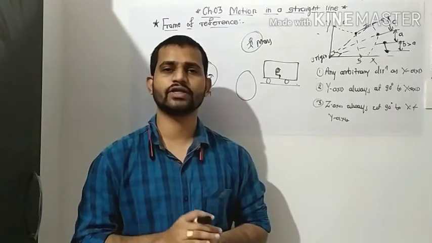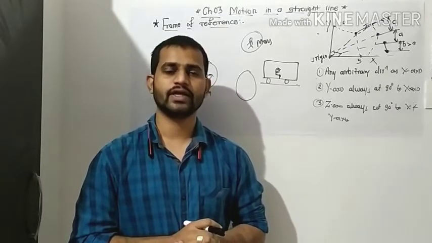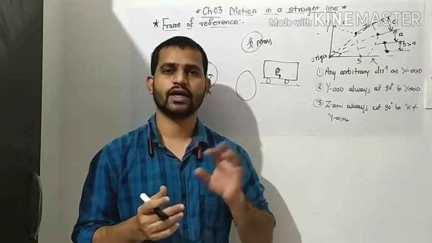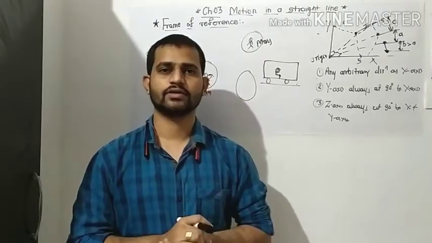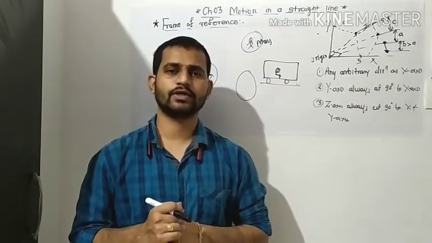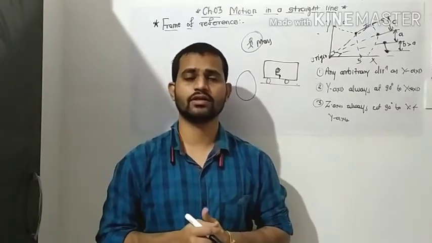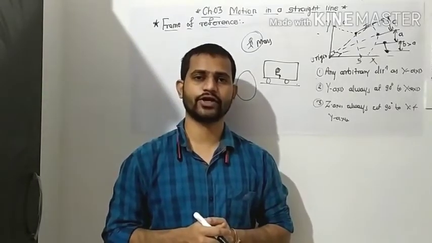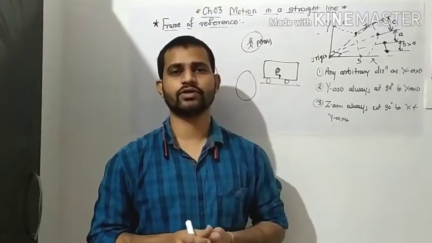He can find out the change in position, because if he is initially at Pune on the earth's surface and later he is in Mumbai, then he knows the train has gone from Pune to Mumbai. So how much distance was traveled by the train, or how much time was required for the train to cover the distance?